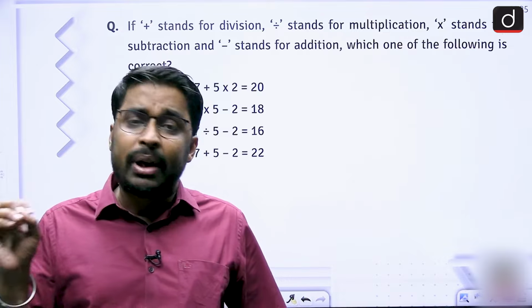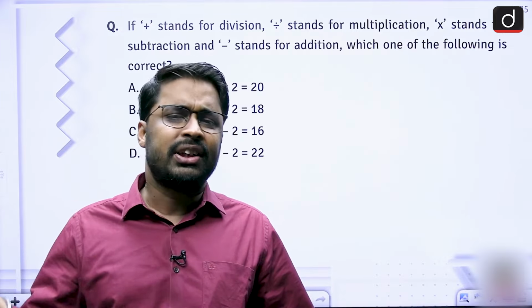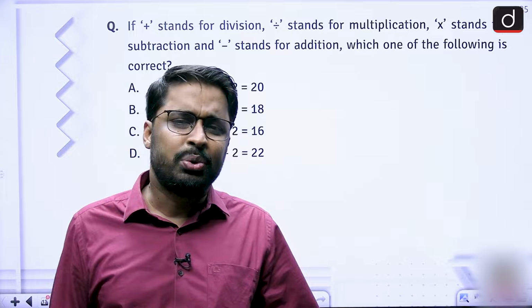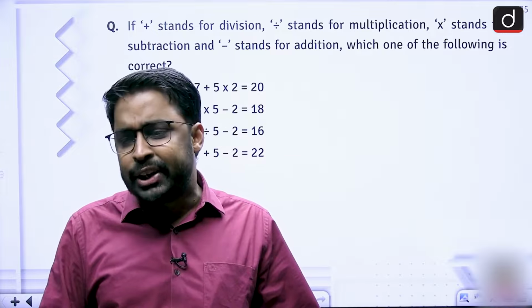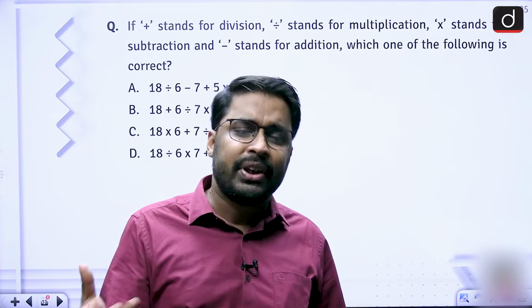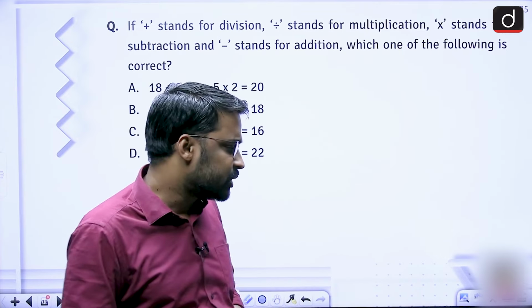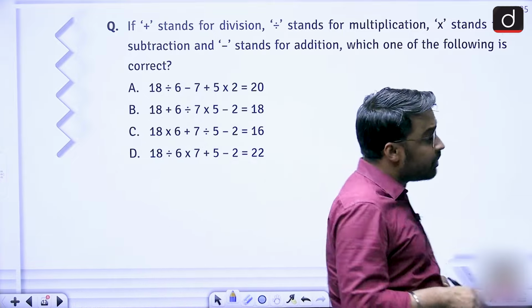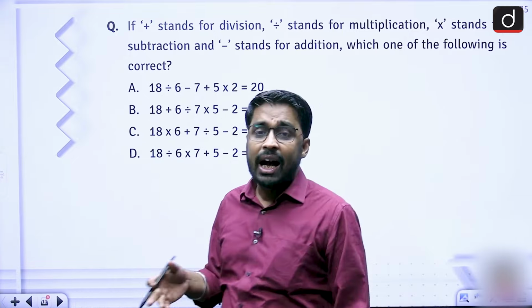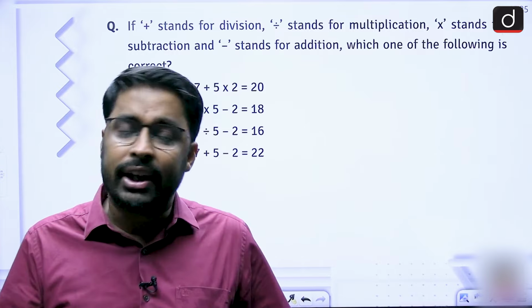Similarly, if I multiply two integers, like 3 into 5, 7 into 10, 9 into 8, 7 into 15, my answer is an integer. But when I divide two integers, my answer can go in decimal or can remain an integer.